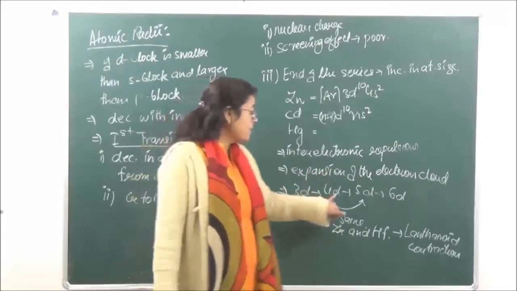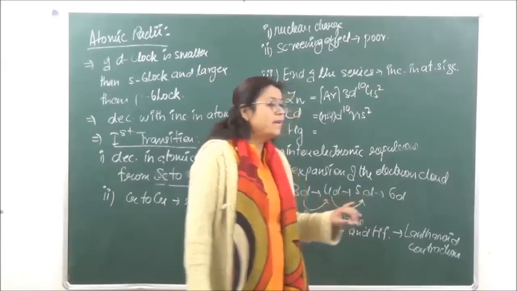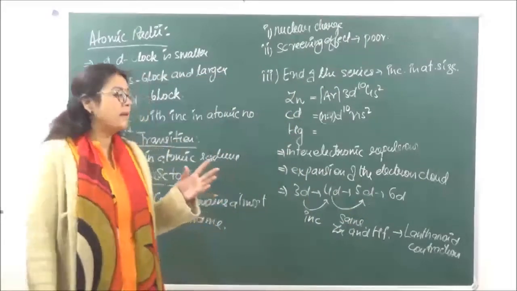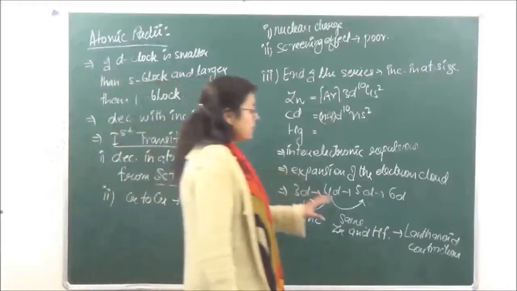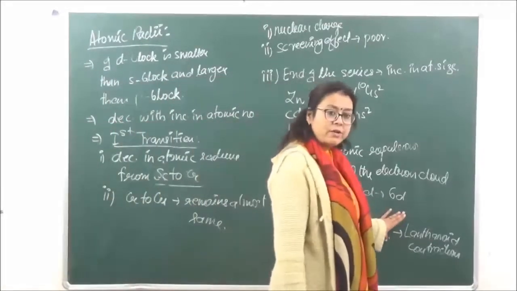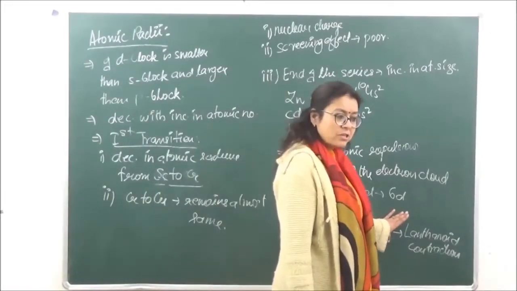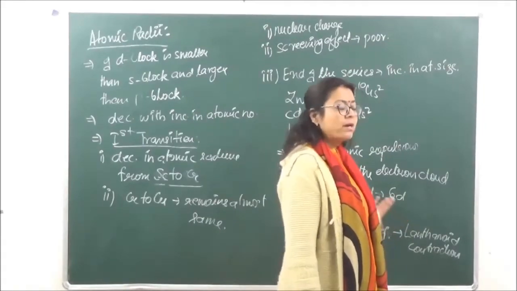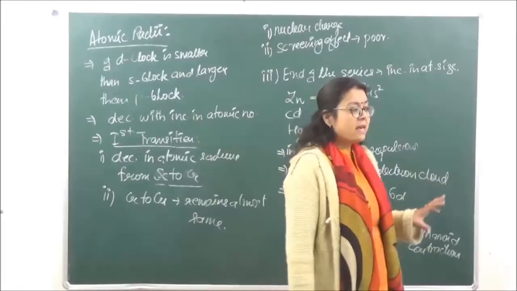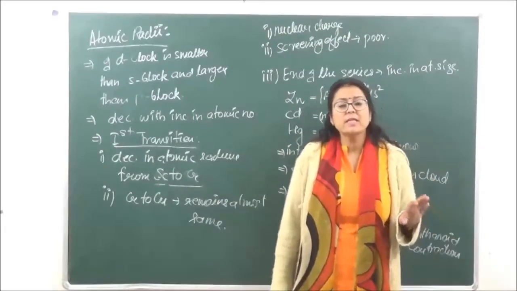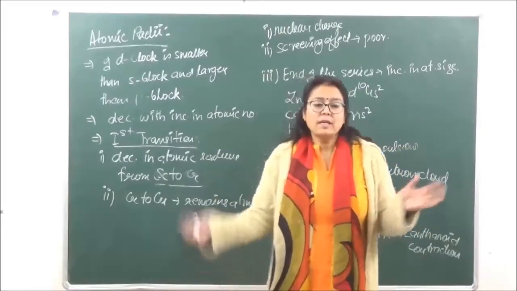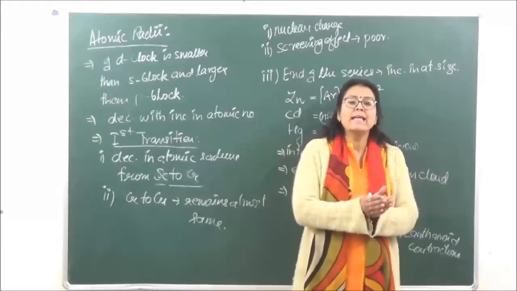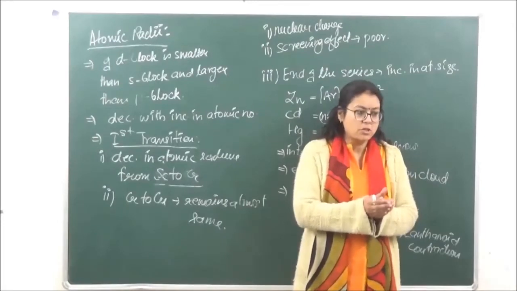So इसलिए when we are traveling from 4d to 5d, it is seen that 4d and 5d have almost the same atomic radii, and that we attribute to the lanthanoid contraction. और lanthanoid contraction क्या हुआ? Filling up of f orbitals before d orbitals, and as f orbitals have poor shielding effect, therefore the outermost electron is going to be attracted more to the nucleus and the size does not change much. ठीक है?